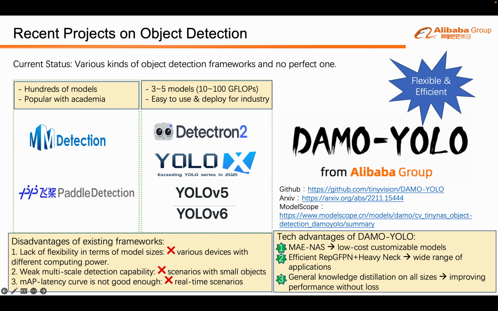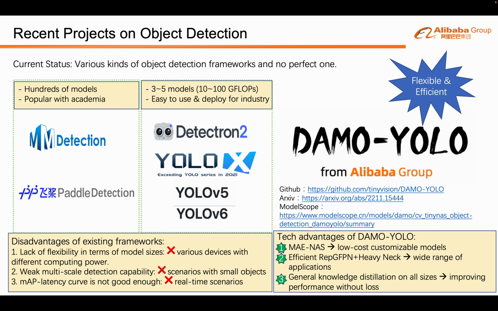On the other hand, there are many simple and easy to use frameworks, such as YOLOv5, YOLOv6, YOLOX, and Detectron2. They focus on real-time detection and efficiency, and usually only provide 3 to 5 models with different sizes. In addition, they provide thorough deployment tools, so they are more popular in the industry.